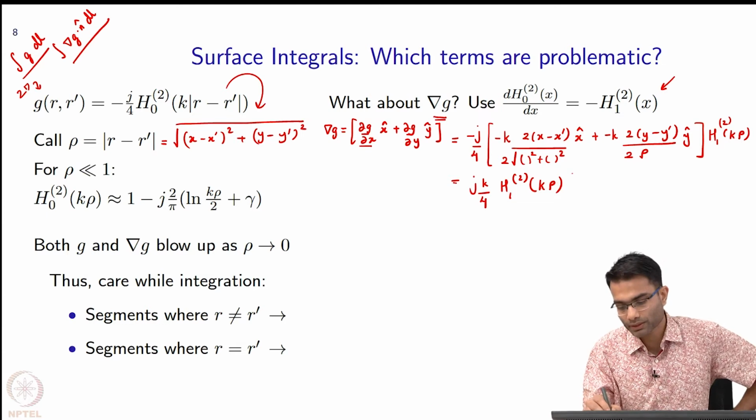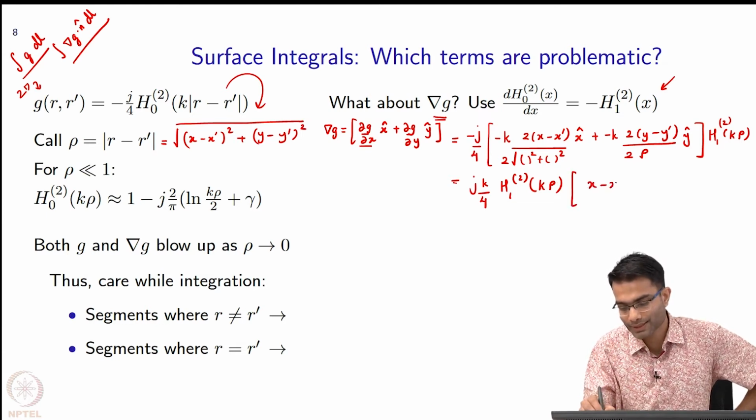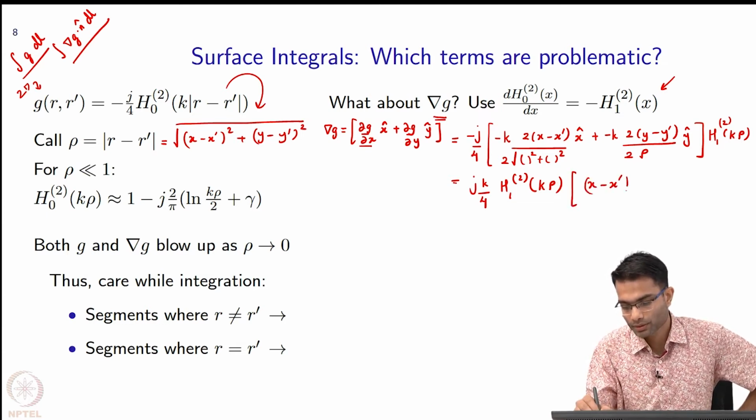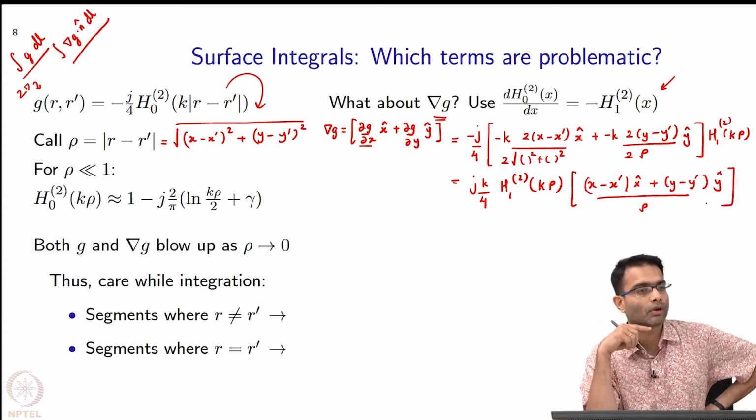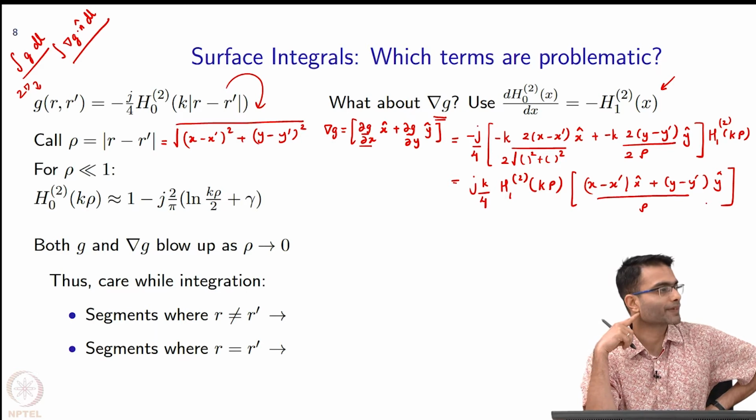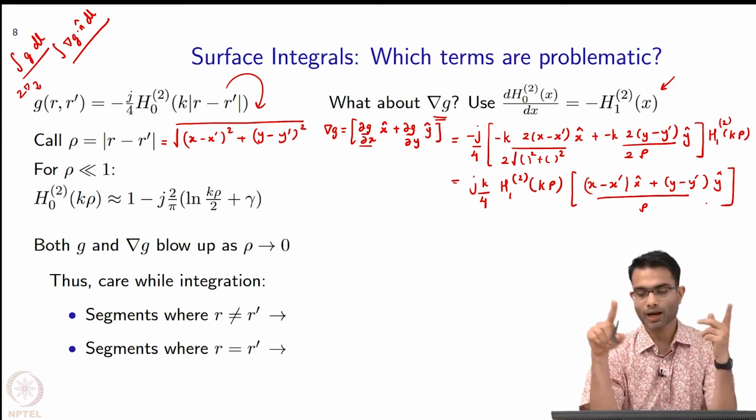What does this vector look like? I have (x minus x prime) x hat plus (y minus y prime) y hat, whole thing divided by rho. What is the norm, the length, of this vector? It is 1, it is a unit vector. And what is the direction of this vector? It is a unit vector in the direction of r minus r prime.